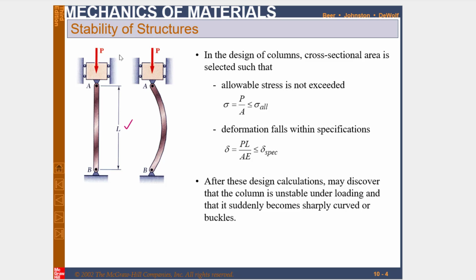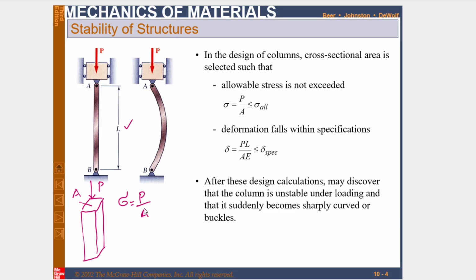So if this load is applied on this column, definitely due to this load the stress will be there, and that stress will be equal to P by A, where A is the cross sectional area of the column. For example, if this is the column here, due to this load P acting over this area A, this stress will be equal to P by A.